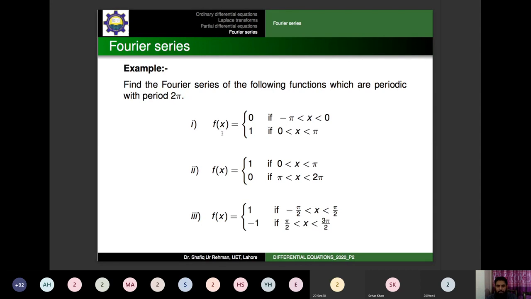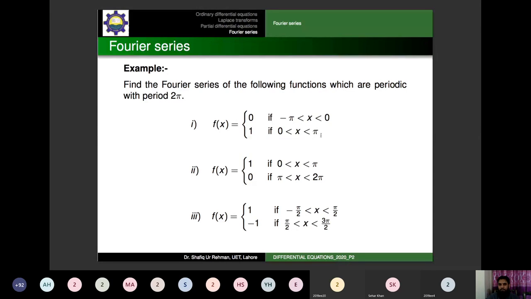Over here we see that it's a piecewise function with two pieces. f of x is explicitly 0 over one part of the domain, from minus pi to 0, and is 1 over a different part of the domain, from 0 to pi.